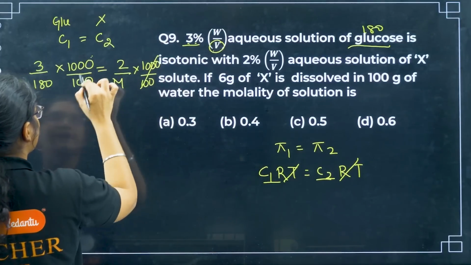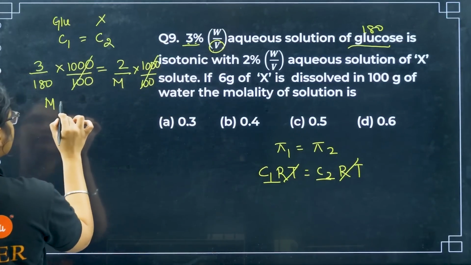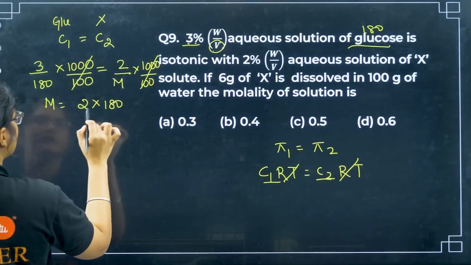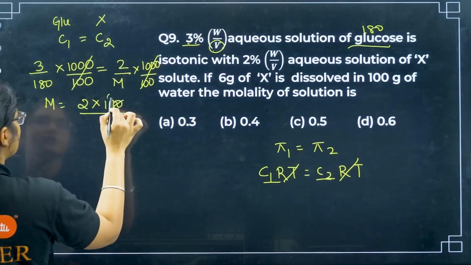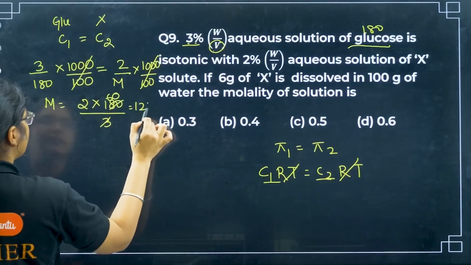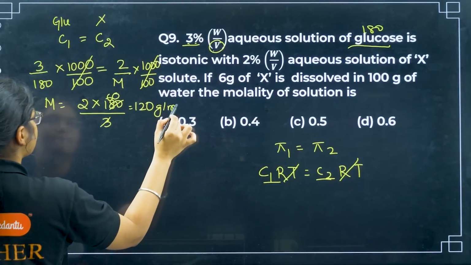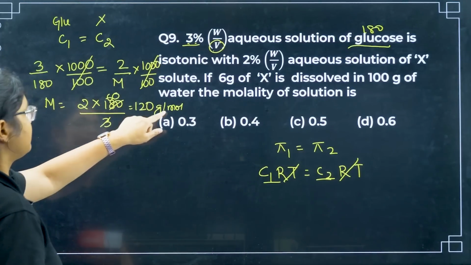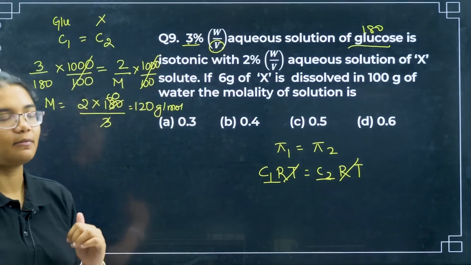This one will get cancelled. So what is the M value here? M is 2 into 180 divided by 3, that is 180 by 2 into 3, so it is 120 gram per mole. We got the molar mass value.